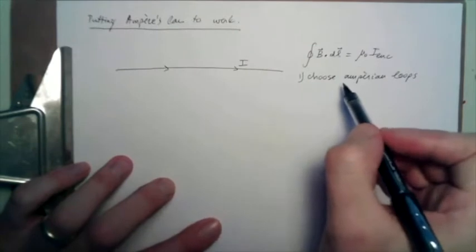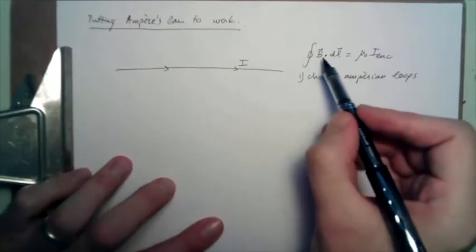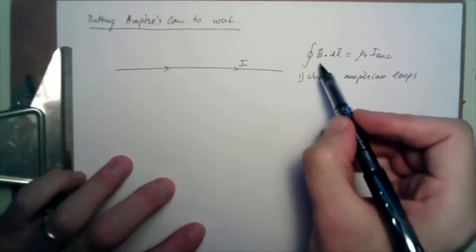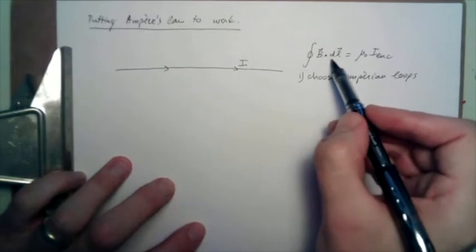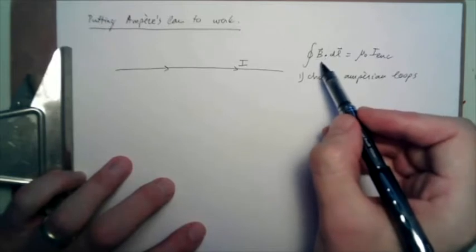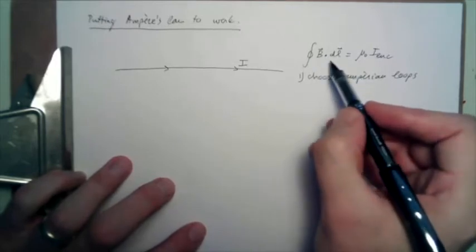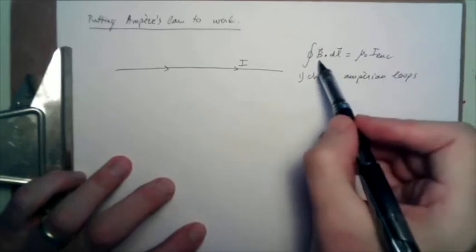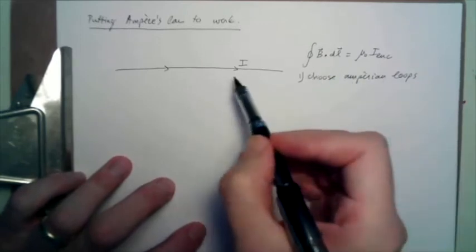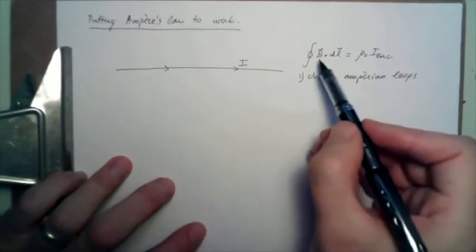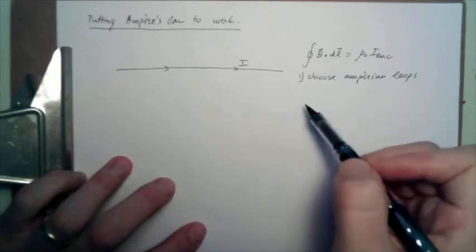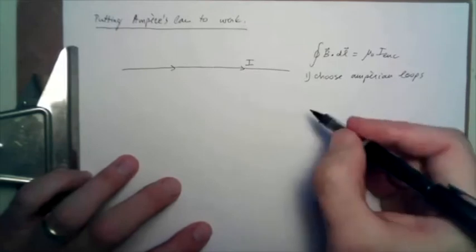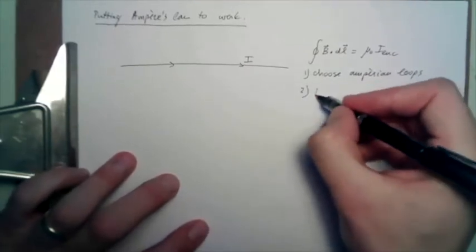The central feature that you want to use with Amperian loops is that you create a loop where large parts of the loop point exactly in the same direction as dL, and it could have sections where the loop is not going in the direction of dL. But now let's say we don't know what the magnetic field looks like, so in other words, we have no idea what kind of Amperian loop to look at. Okay, identify the symmetries.